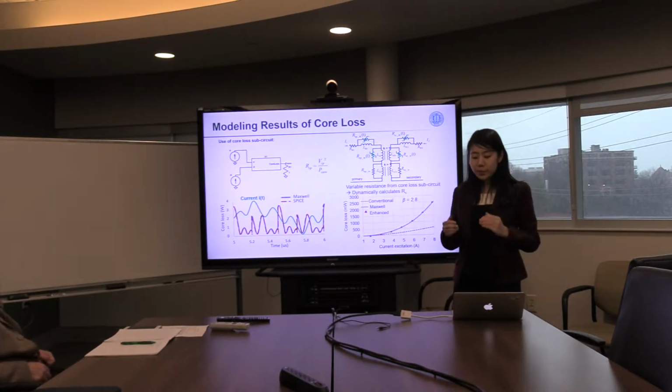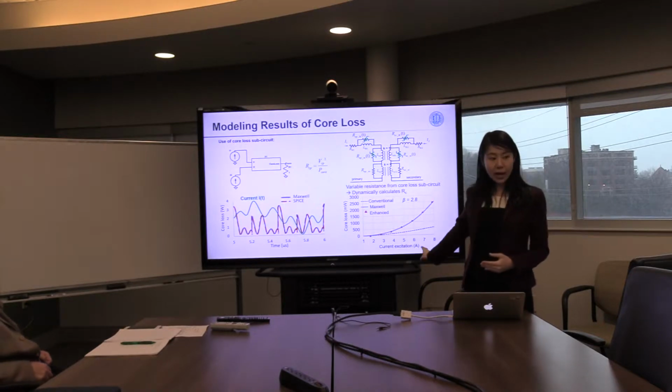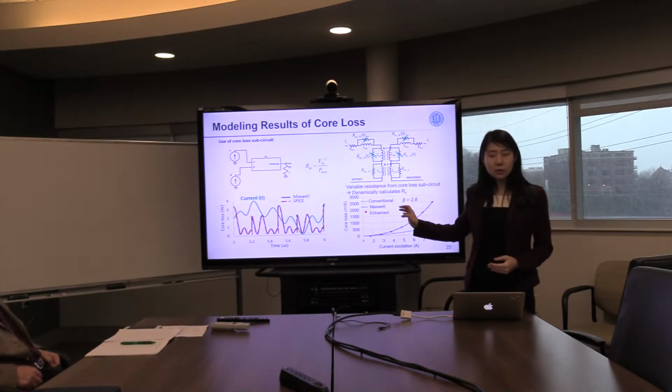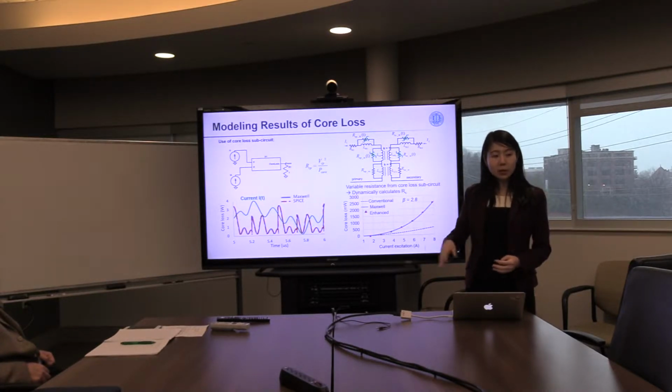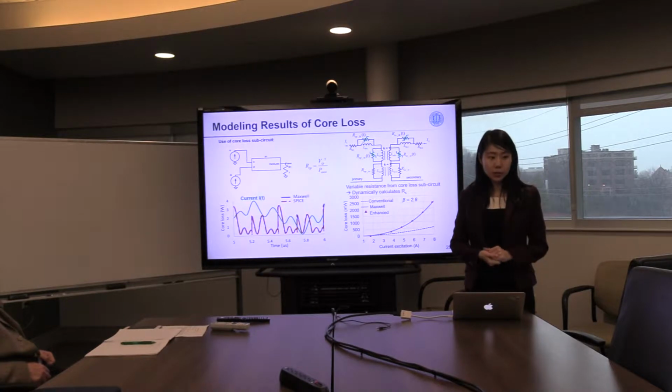Yes, the major difference is that this is a time domain method. As far as I know, it is the only method that gives dynamic time domain core loss predictions.